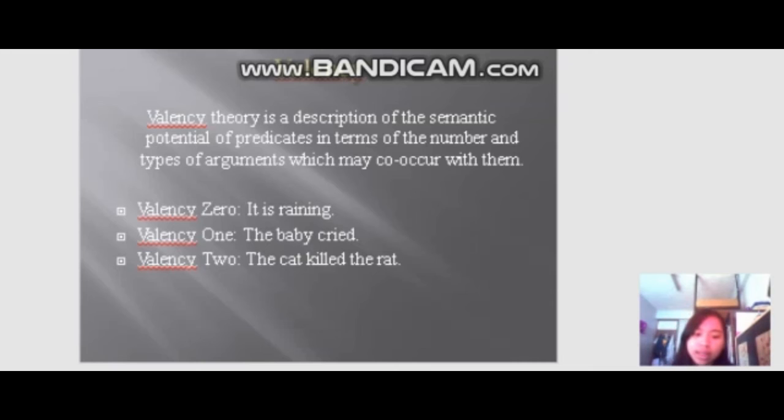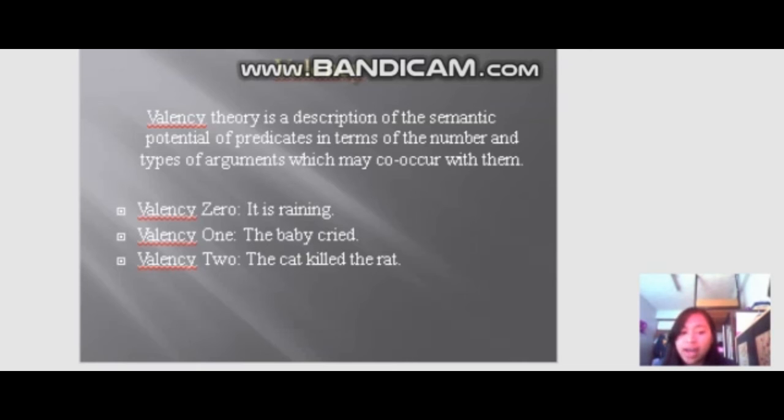The cat is the first argument in the sentence, and its role is the actor. Killed is the predicate, and its role is the action of the cat. The rat is the second argument, and its role is affected.